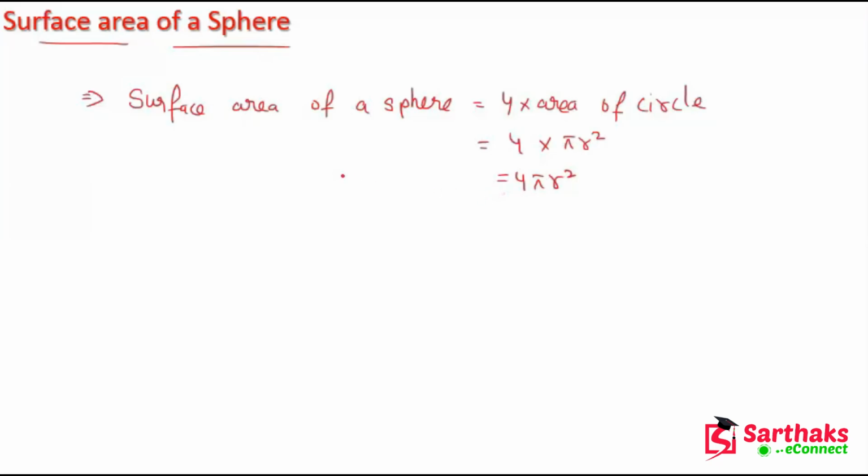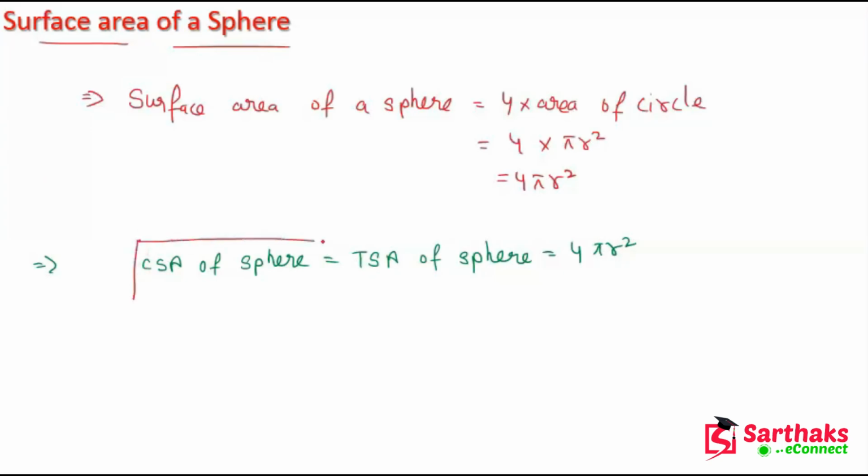Here the curved surface area is equal to the total surface area because the sphere has no flat surface, only curved surface. So CSA of sphere equals TSA of sphere equals 4 pi r square. I hope you understand these things, my dear friends.